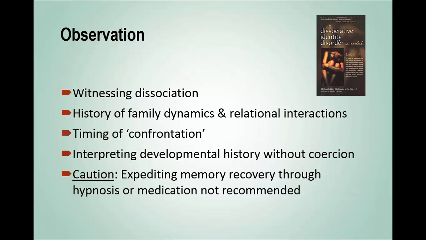The most obvious way of diagnosing dissociative disorders is actually witnessing the dissociation. But this may not be so obvious in the early stages of getting to know someone in a brief, intermittent therapeutic relationship.